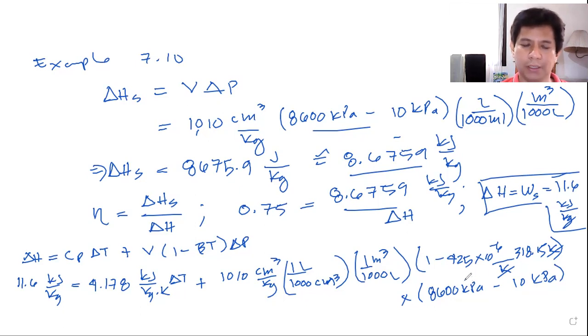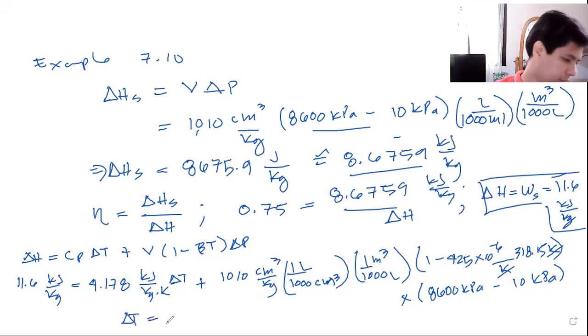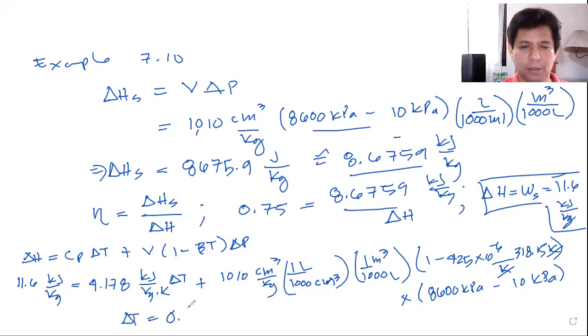That's compatible. So just use the solve function of your calculator and you should be able to get a delta T value of 0.98. This is the second requirement.